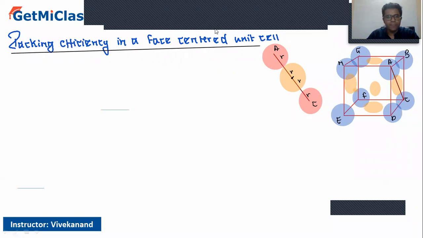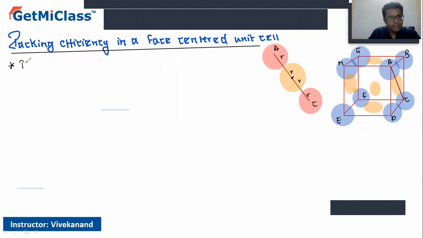So in this entire scenario, if we consider a face-centered unit cell, in a face-centered unit cell, there are 8 corner particles.